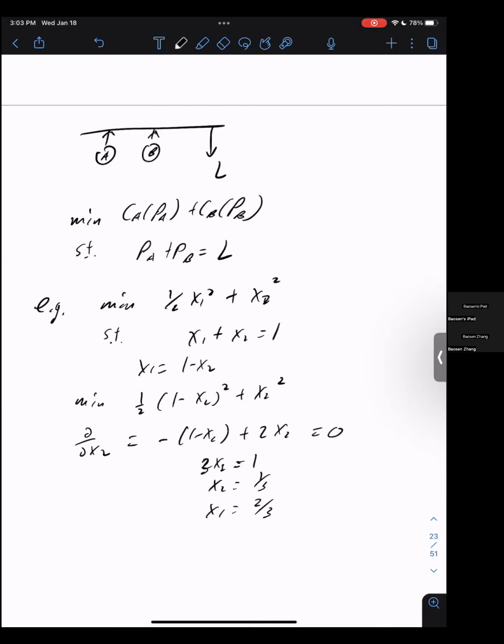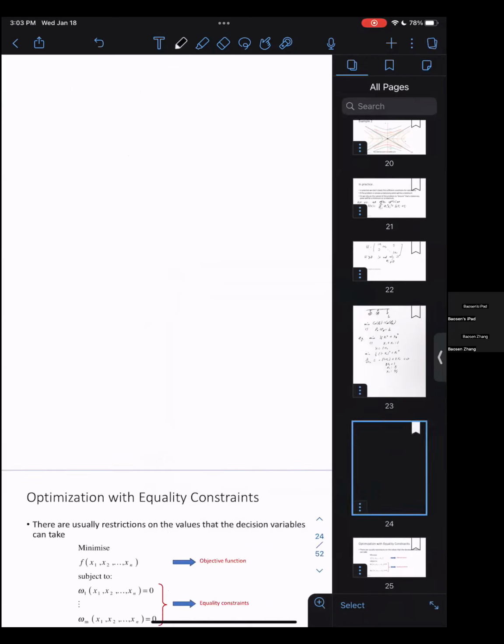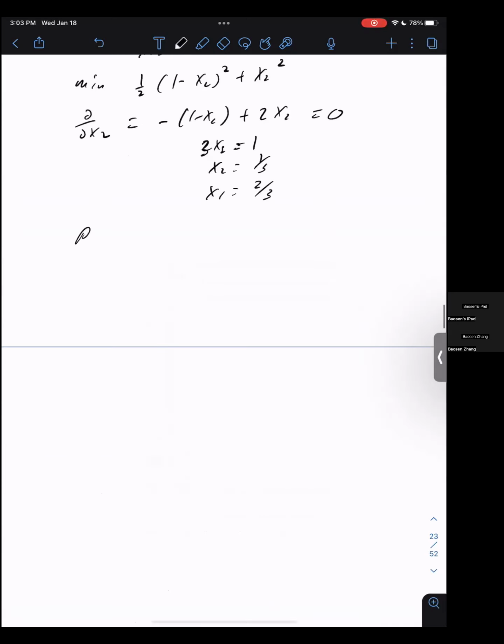Right. So let's look at the cost and the price. Let's look at price as a derivative of cost. So let's do this for 1 and 2.